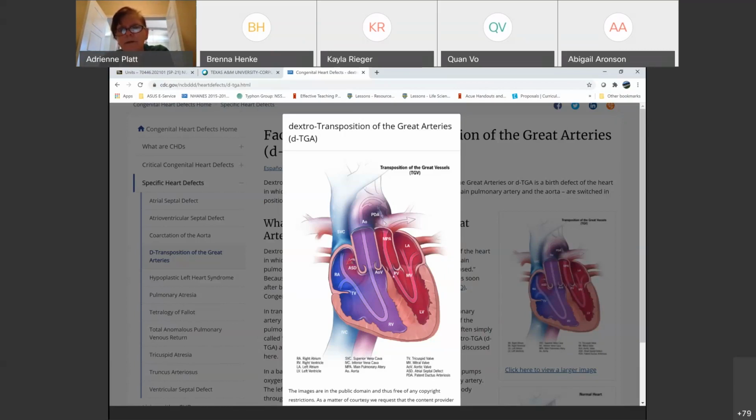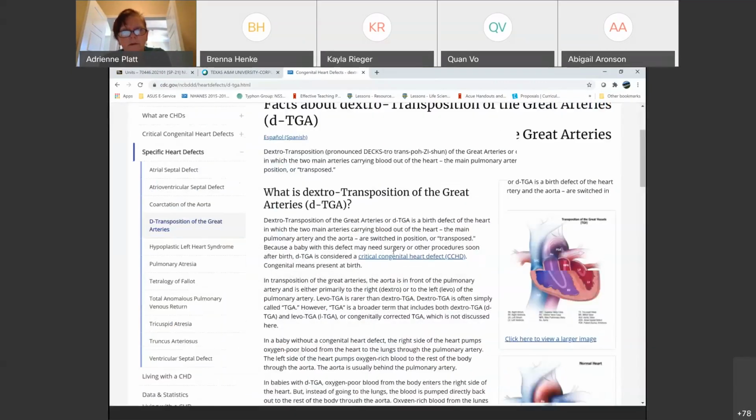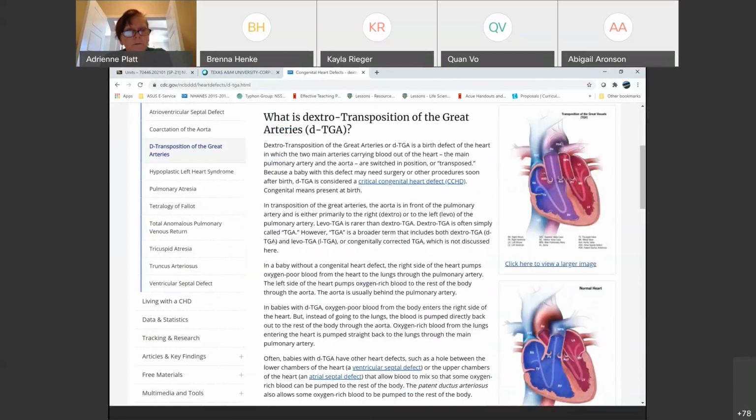So what to remember is transposition is the big arteries switched, and it is a cyanotic lesion, and it has to be fixed surgically, and it's usually one of those that they have to fix fairly soon. We talked about pulmonary atresia and tetralogy of Fallot.